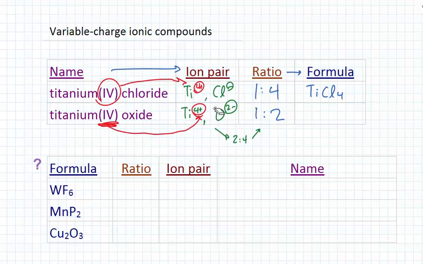Or you could also think of it like if I had one of those titanium 4 plus ions, then how many of these oxide ions do I need to make it neutral? Well, I need 2 of them. I need that one and I need that one. And then you should be able to see that that's a neutral grouping of atoms. But if we decide that for every 1 titanium we need 2 of these oxides, we should be able to write the formula. It's TiO2.